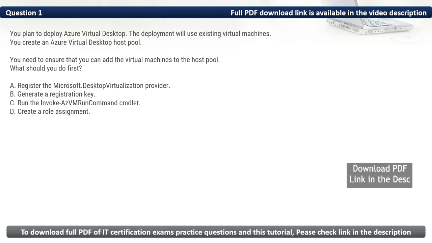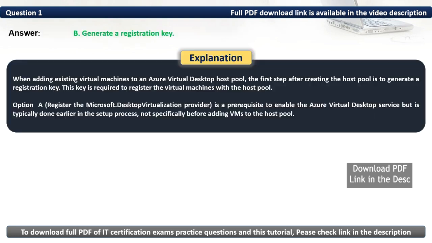Here in this question, we need to ensure that we can add the virtual machines to the host pool. As such, we should first generate a registration key. Thus, the correct option is B. When adding existing virtual machines to an Azure Virtual Desktop host pool, the first step after creating the host pool is to generate a registration key.